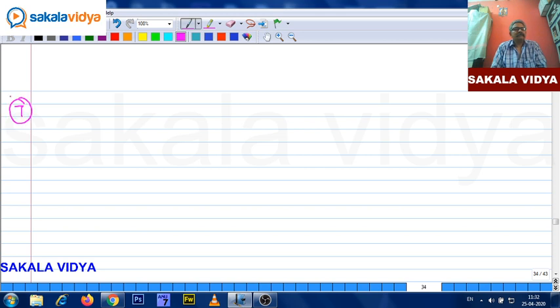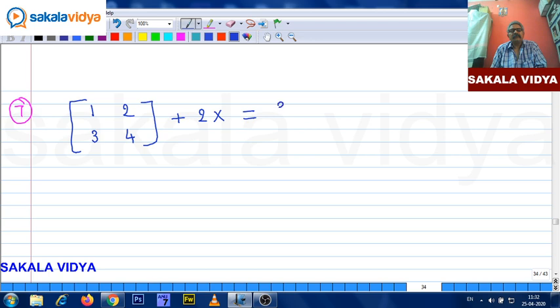Seventh question. 1, 2, 3, 4 plus 2x equals 3, 5, 5, 9. Then x means matrix.